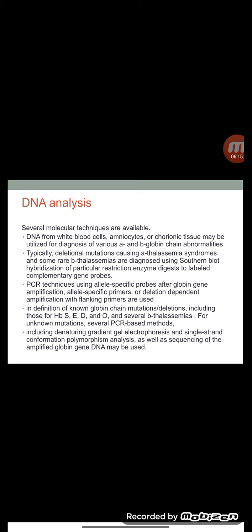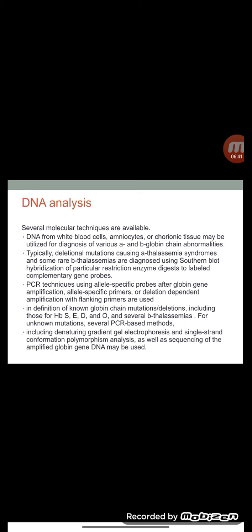Typically, deletion is causing alpha thalassemia syndromes, and some rare beta thalassemias are diagnosed by Southern blot hybridization of a particular restriction enzyme digest to label complementary gene probes. PCR techniques using allele specific probes after globin gene amplification, allele specific primers, or deletion dependent amplification with flanking primers are also used.